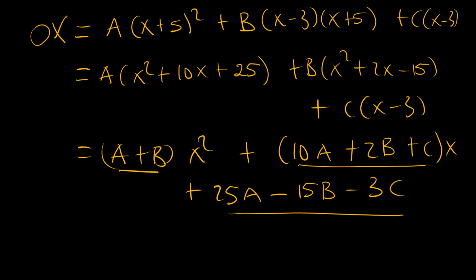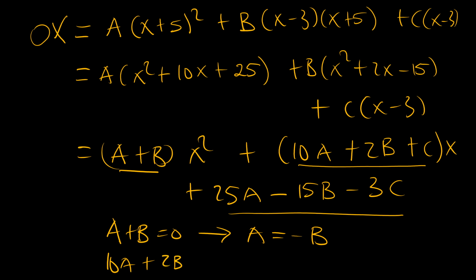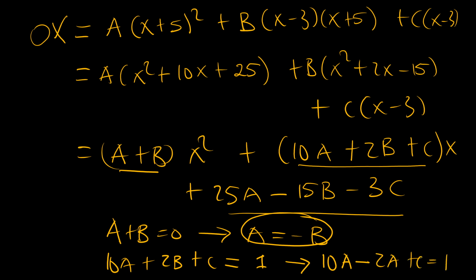So a plus b equals 0, meaning that a is equal to negative b. 10a plus 2b plus c equals 1, and we can substitute so that we have 10a minus 2a plus c equals 1, and this becomes 8a plus c equals 1.